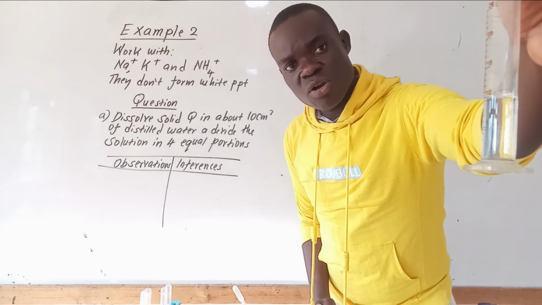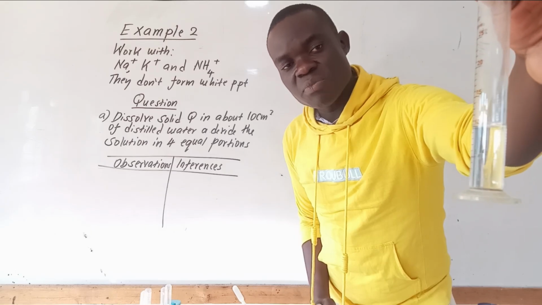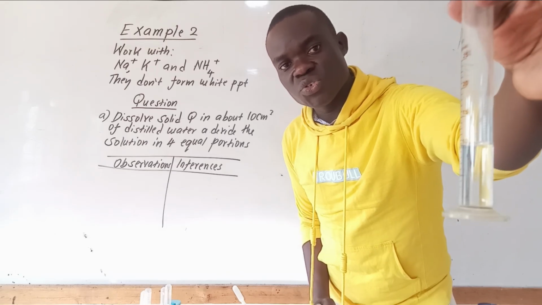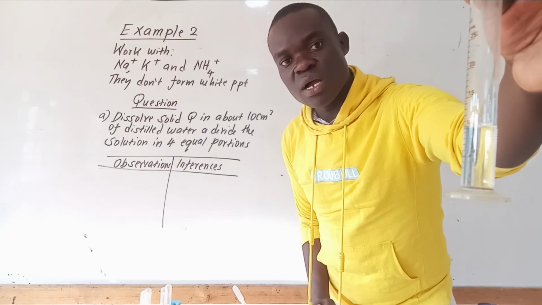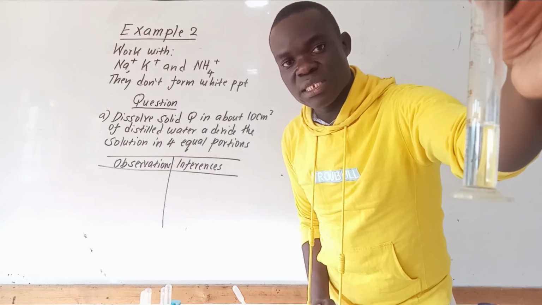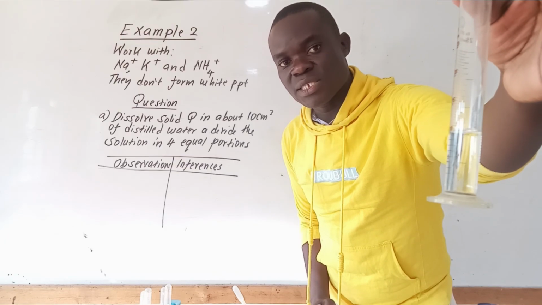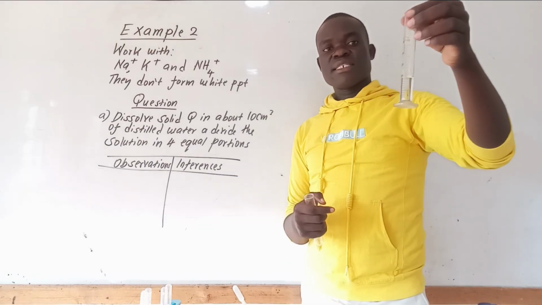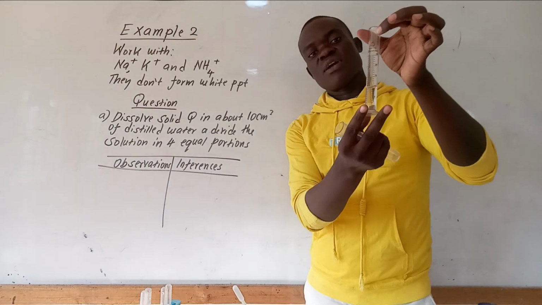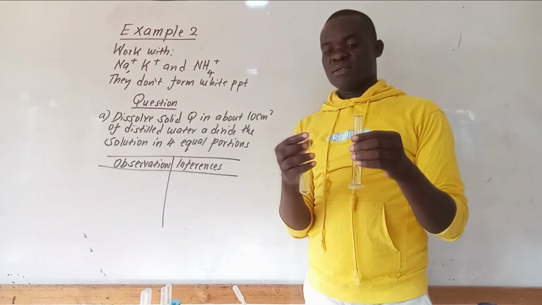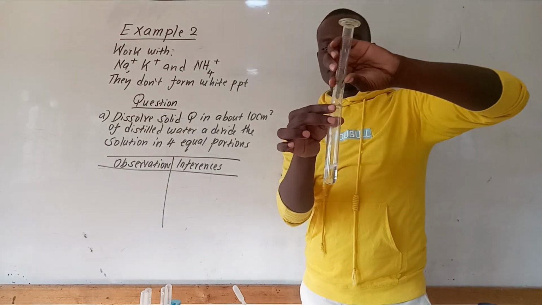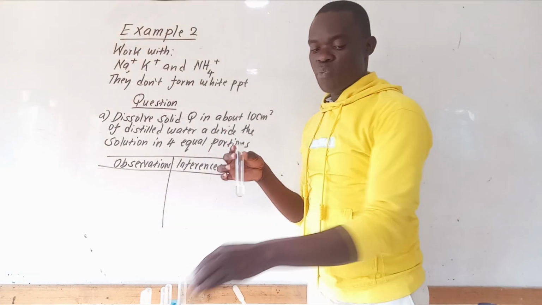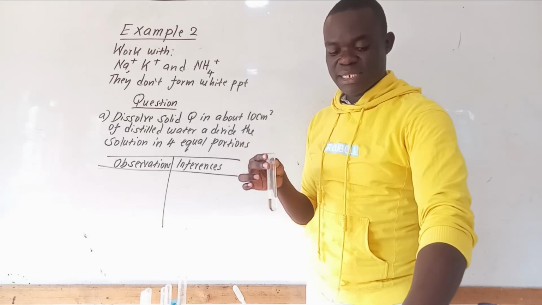There is something called meniscus, so we observe the meniscus also. We should be accurate when measuring volume of liquids or water as a solvent. So this is 10 cubic centimeters of distilled water. I will put it in a boiling tube. Then I will scoop using a spatula.